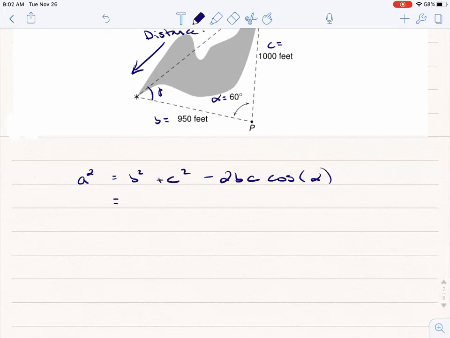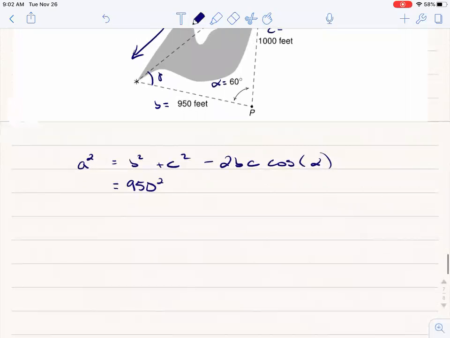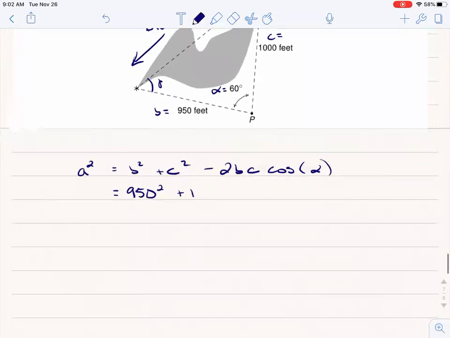So in this case, B is 950 feet. 950 squared plus 1,000 squared minus 2 times B, which is 950, times C, which is 1,000, times the cos of alpha, which is 60 degrees. Making sure you're in degree mode for 60 degrees.